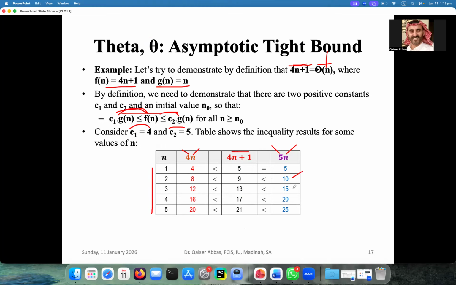Next, this equation is becoming true, and for all the next numbers this equation is becoming true. Here f of n is greater than this and not less but equal. Here we have the equality sign, so it means n0 is this, because equal is not violating the condition. Equal is existing here. So this is n0, and we have these two constants.